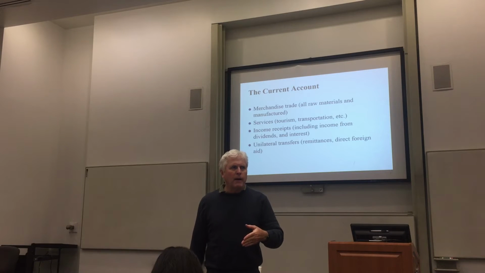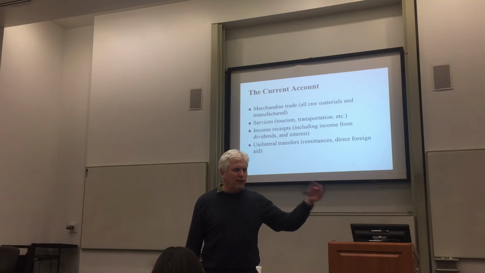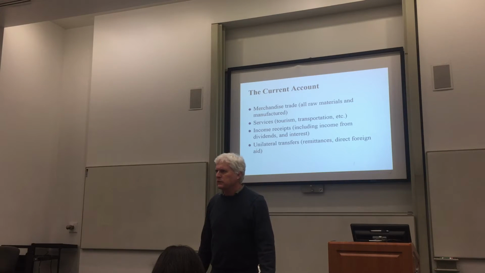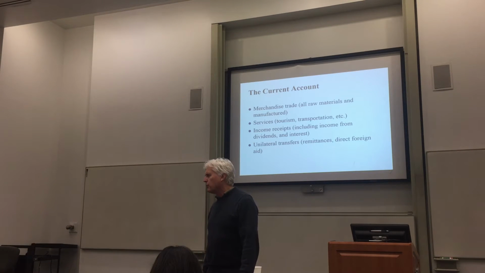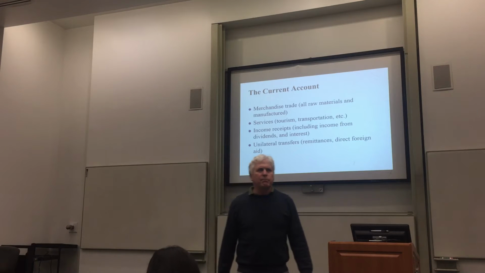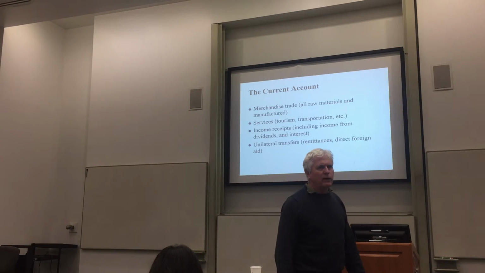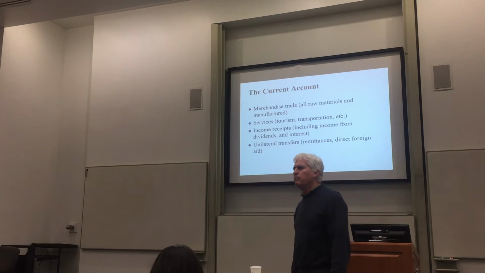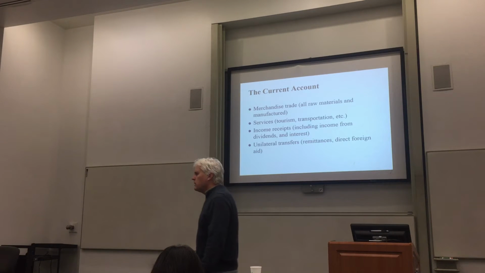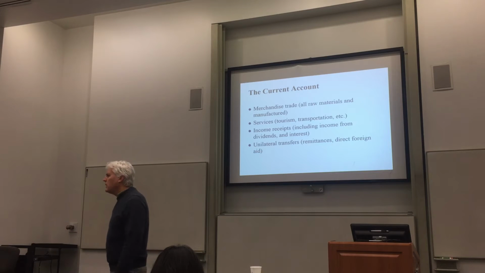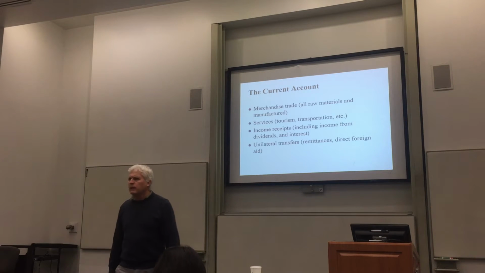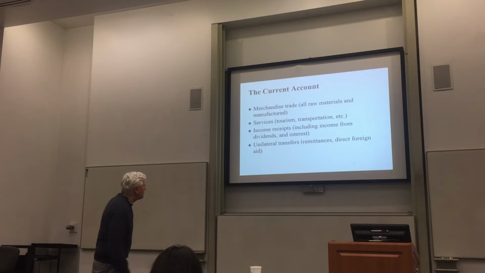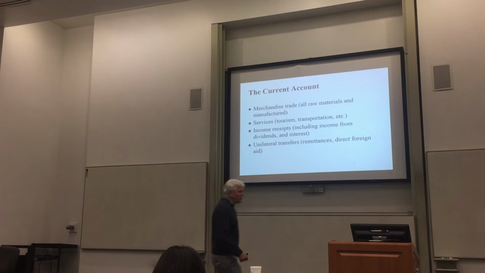So a Mexican working in the U.S. with family back in Mexico might send $50 a week back to Mexico. That is a unilateral transfer. The other big place where we see huge unilateral transfers is in the Mideast, where we have guest workers from mostly Asia who are working in Qatar and Saudi and places like that, sending money home. All right, so that's the current account.